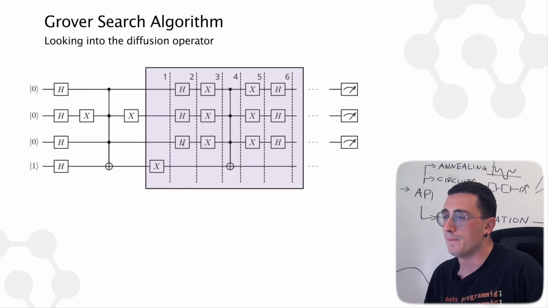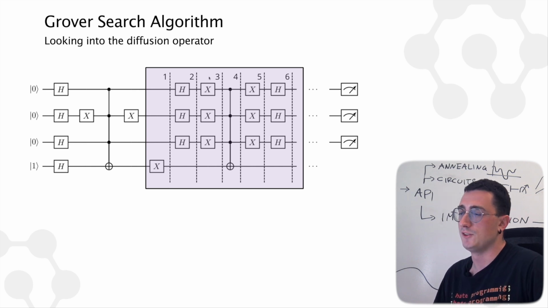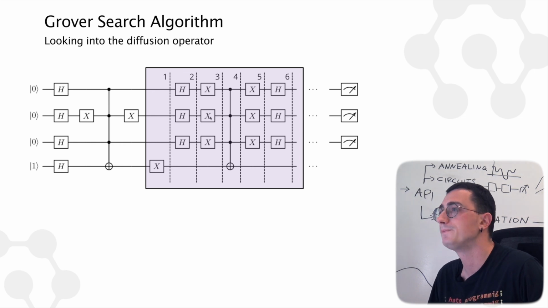Then we add a layer of Hadamard gates. This will be useful to switch from the superposition basis, because we are in the superposition basis, to the computational basis. Then we add an X gate, and this is useful to move the problem from the 000 to the 111, you will see. And then you apply the controlled-not gate.